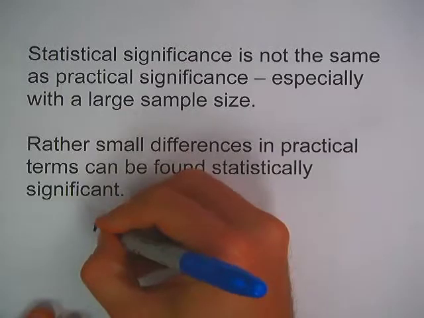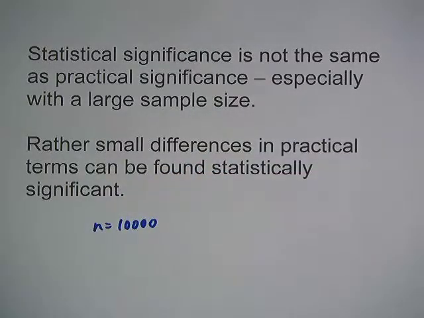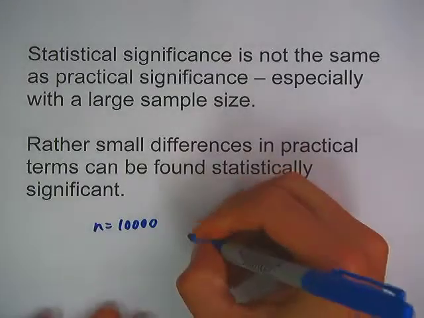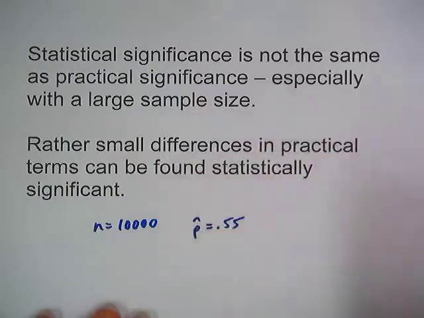So let's consider the coin flip again, and let's say we flipped a coin 10,000 times. And let's say we still got that p hat value of 0.55.